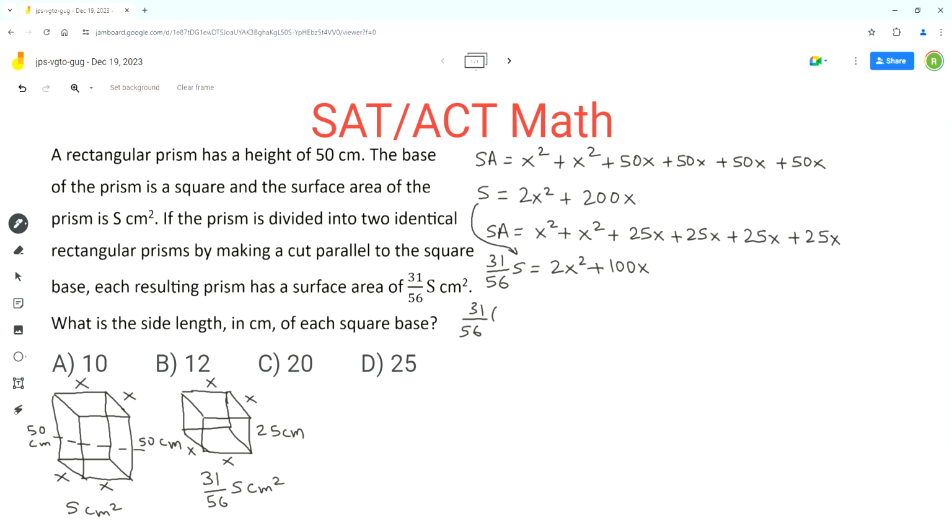We can replace S with 2x squared plus 200x. This is the equation we have to solve to find the value of x. We should start by distributing 31 over 56 in the parentheses.